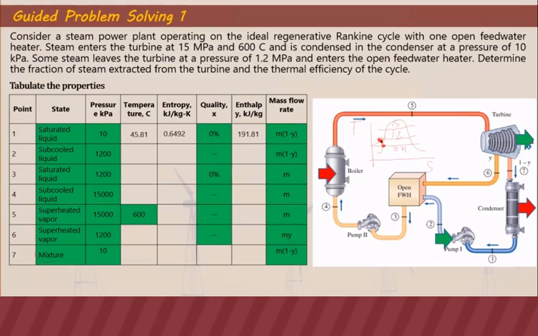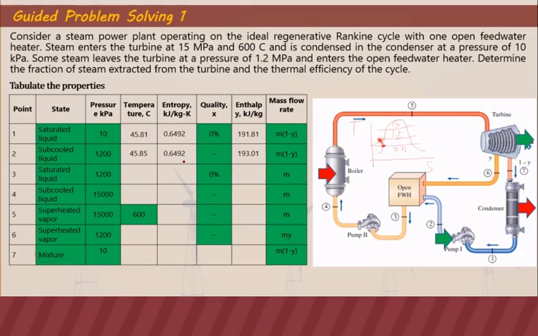So point 2 is here. Since this is an isentropic process, they have the same entropy, 0.6492. And since we have entropy and pressure, even though it's subcooled liquid, we can use these two quantities to get the other unknowns. So we have it here. As you can see, there is a slight increase in temperature and also a slight increase in enthalpy after pumping.